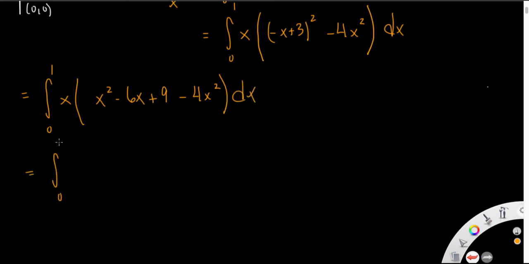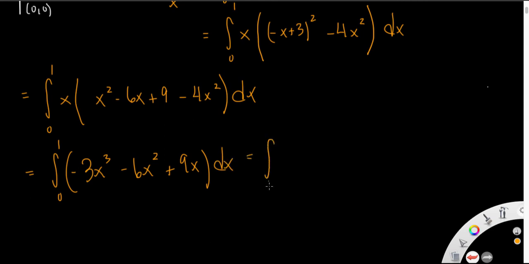Distribute from 0 to 1. x squared minus 4x squared is negative 3x squared, so we'll distribute the x over: negative 3x cubed minus 6x squared plus 9x dx.